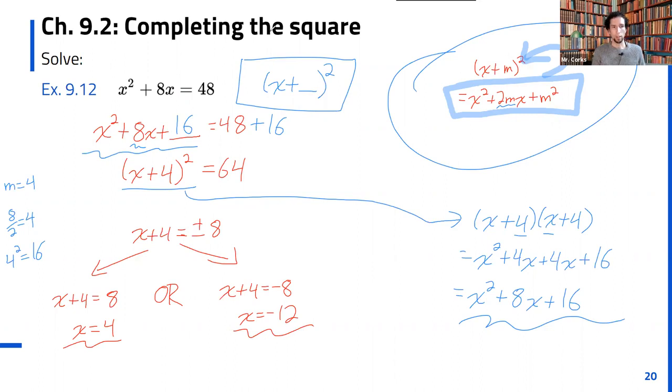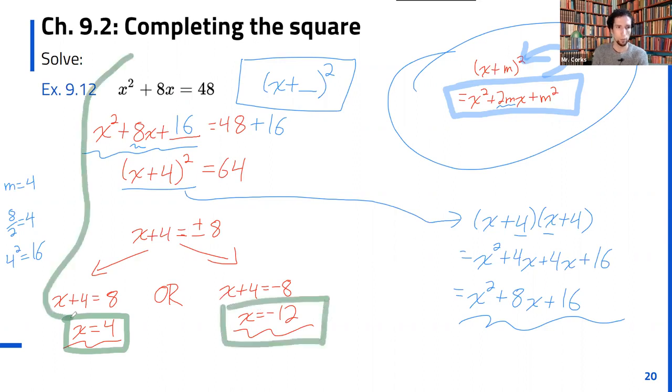If we want to check our solutions, just like all of our previous cases, we can take these numbers and substitute back into the original and make sure it works. So 4 here, 4 squared is 16. 8 times 4 here is 32. 16 plus 32, 48.